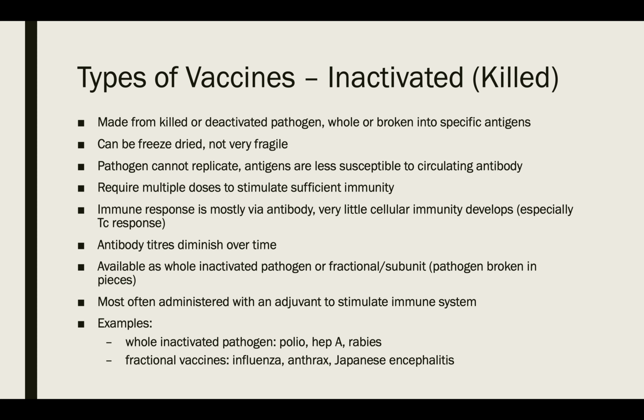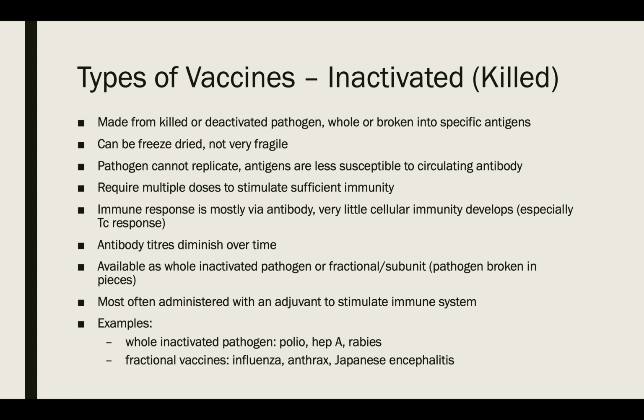These can be freeze-dried. They're not very fragile, so there's no cold chain, so that makes them very stable. The pathogens cannot replicate, because you're injecting something that's completely deactivated, it's dead, or it's broken into pieces.